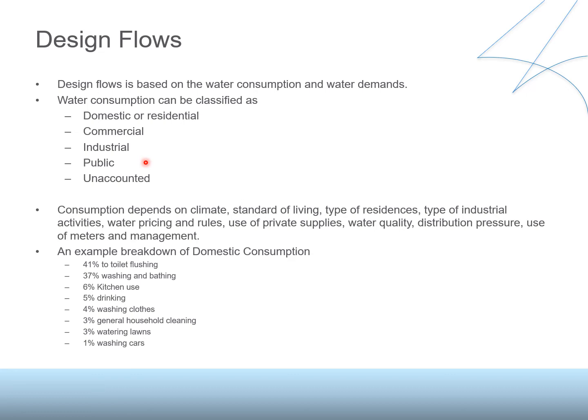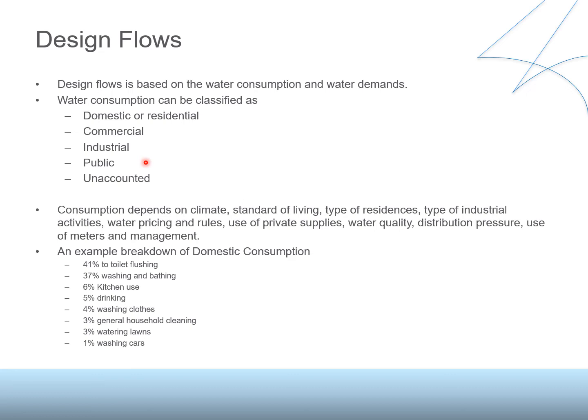However, the problem is that we need to come up with some kind of value, some kind of information about the future water consumption. If our design period is 30 years and we are designing a water infrastructure today, then we need to know how much water people are going to use in 2050, right?